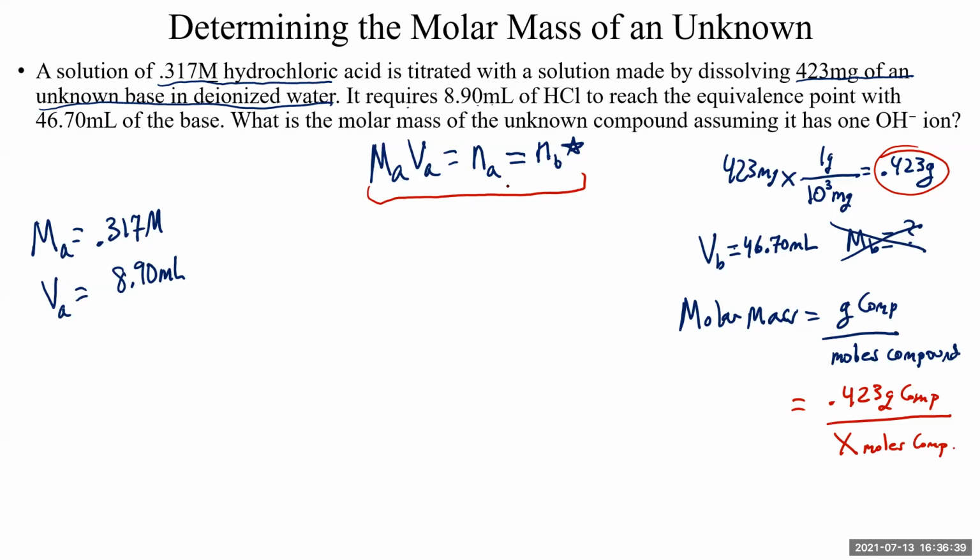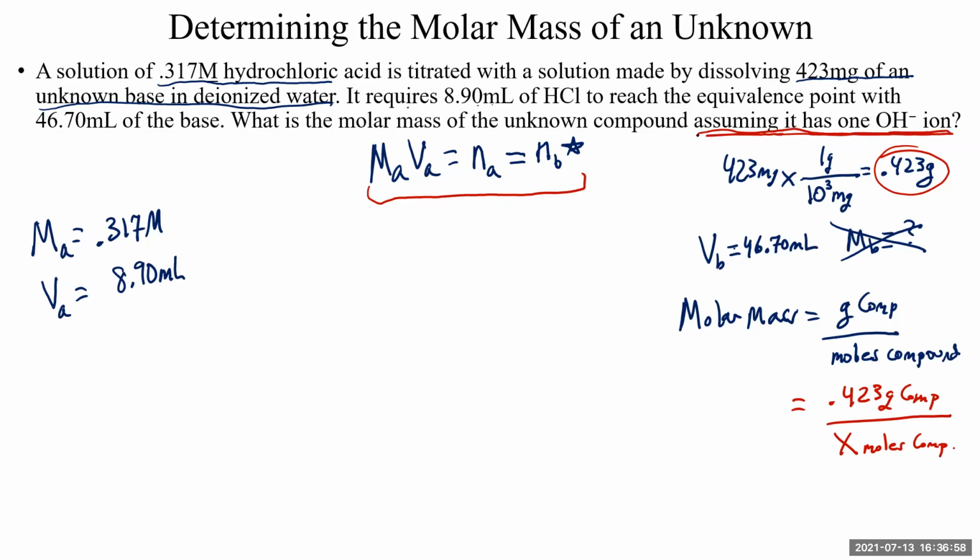But remember, this calculates moles of hydroxide, not moles of compound. Can I rely on the fact that moles of hydroxide will be the same as my moles of compound? Yes, only because I have been told to do that.